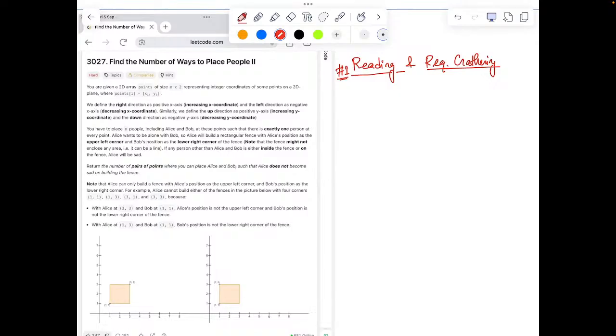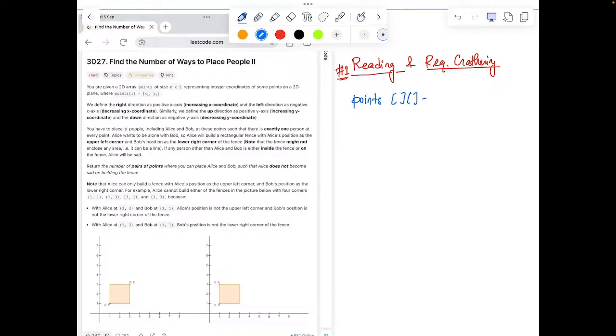You are given a 2D array points of size n multiplied by 2, meaning n rows and 2 cells in each row, representing the integer coordinates of some points on a 2D plane. So I have been given points, which is a 2D array.